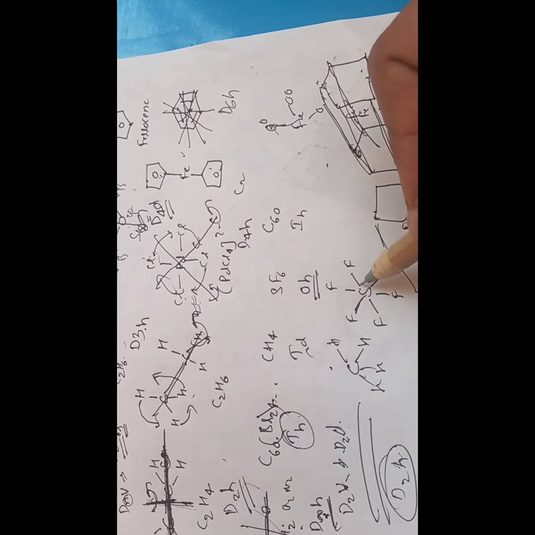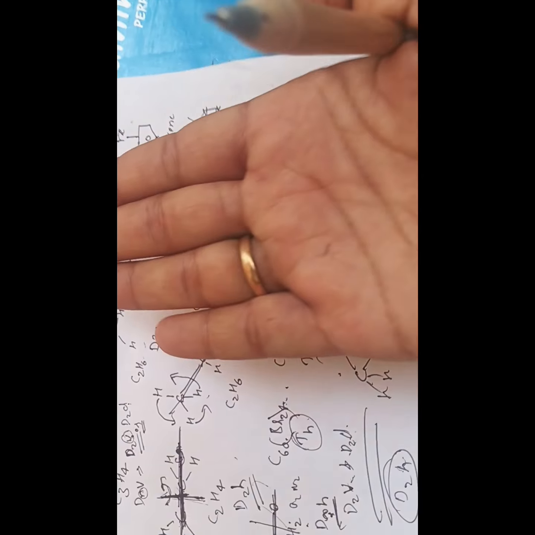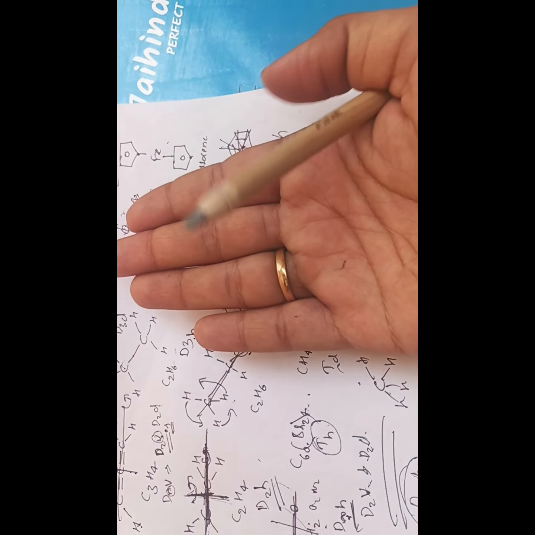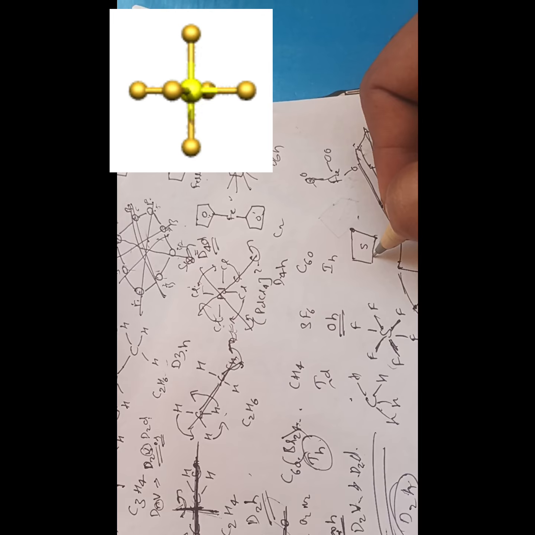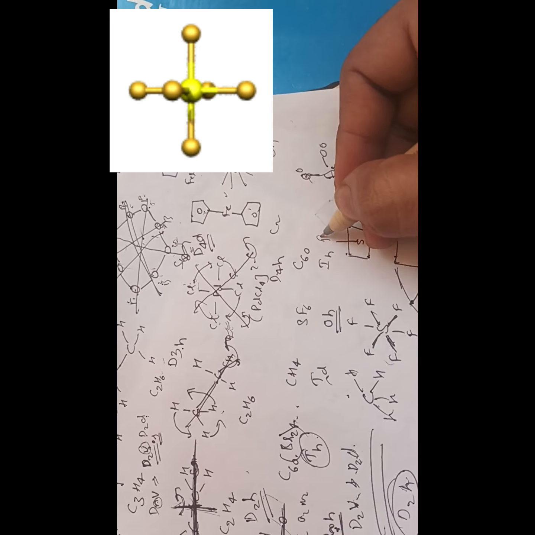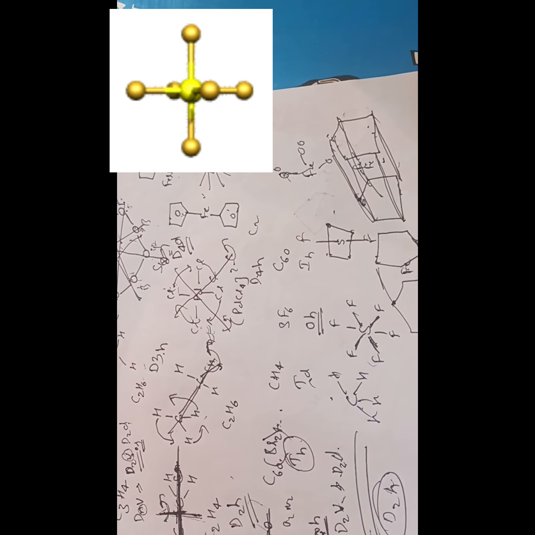Here these are on the plane. These 4 fluorines, for this sulfur, there will be 1 fluorine, second fluorine, and here third, and here fourth. So in the plane there are 4 fluorines, and there is one fluorine on the upside, and below there is another fluorine.